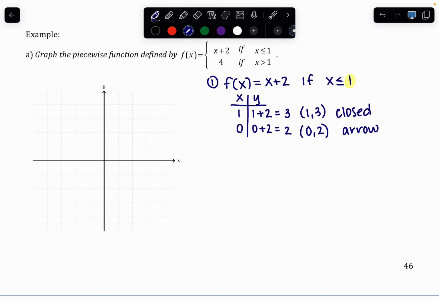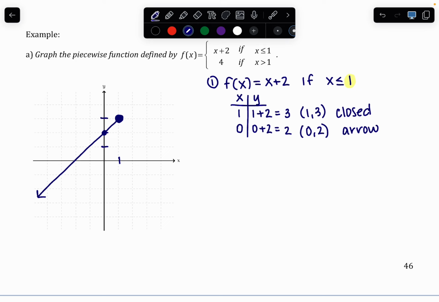So if we graph this, if we go to 1, 3, we have a closed circle. At 0, 2, we kind of have a point. If you want to put a point there, that's fine. Then we continue this line with an arrow.